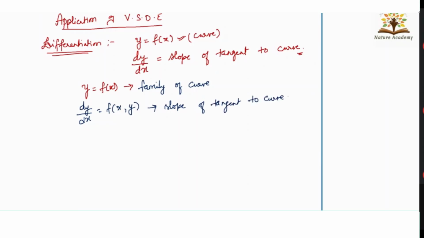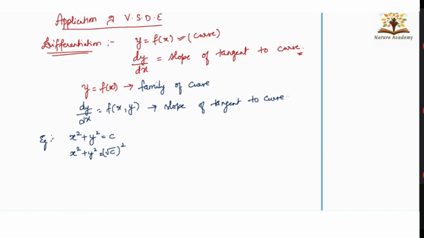So what I mean to say is, I will give you one example. For example, if I have one equation x square plus y square is equal to c. I can write this also as x square plus y square is equal to (root c) whole square.